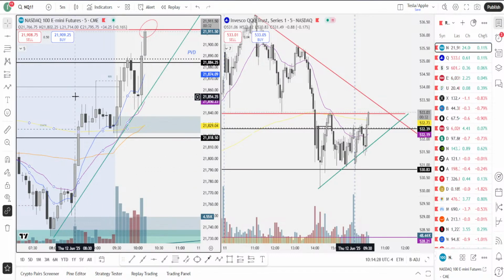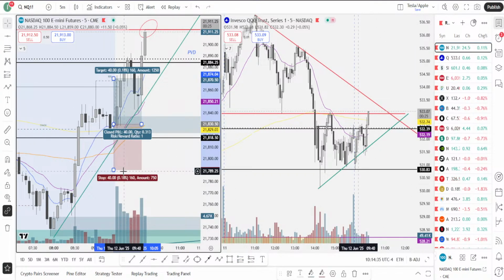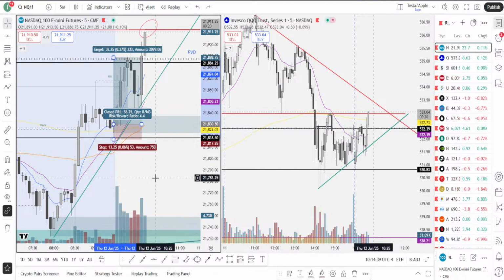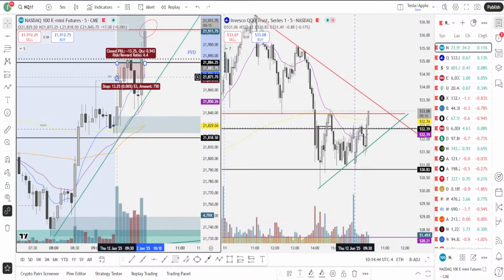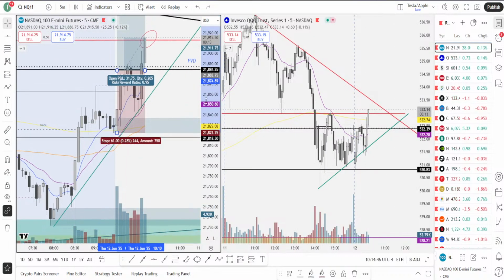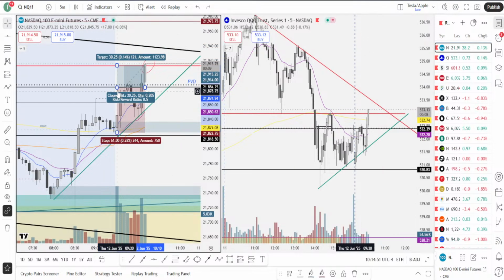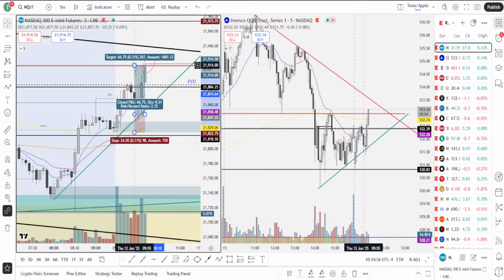Every time we bounce off of it, it presents a good opportunity to buy as we're pushing away from it. Because then you can place your risk nice and close, and then you can have way more profit, right? Prefer buying up here and then having your stop loss down here and having your profit maybe up here. You want to look for setups where your risk is much lower and your profit is much bigger. That's where you want to look to enter, where you can make that happen.